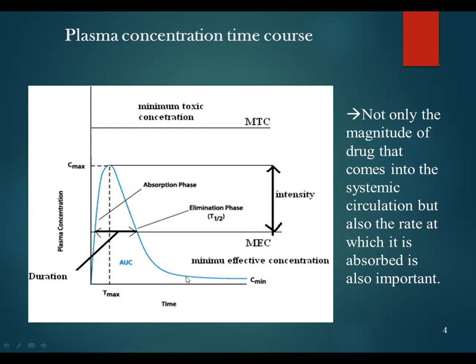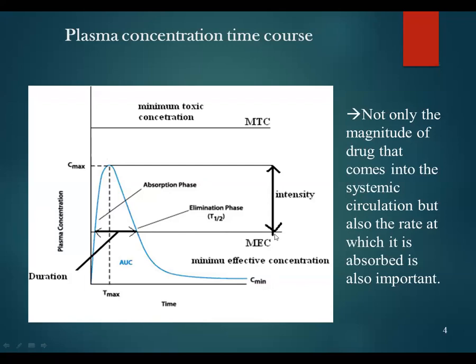I just wanted to show you this graph so that you keep in mind: after oral administration, if absorption happens, the plasma concentration time curve will definitely look somewhat like this, an increase followed by a decrease. If you look at the other parts of the graph, this line, MEC, is very important for us.